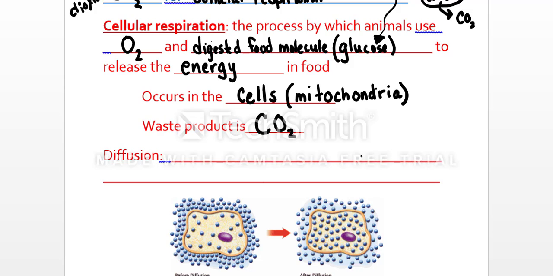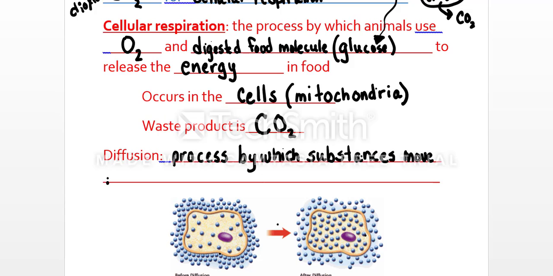Well, the process by which that occurs is called diffusion, and we mentioned that a couple of times in the circulatory stations. So maybe you've heard that, but diffusion, by definition, is a process by which substances, especially molecules like oxygen and carbon dioxide and glucose, move from where there's a lot of those molecules.